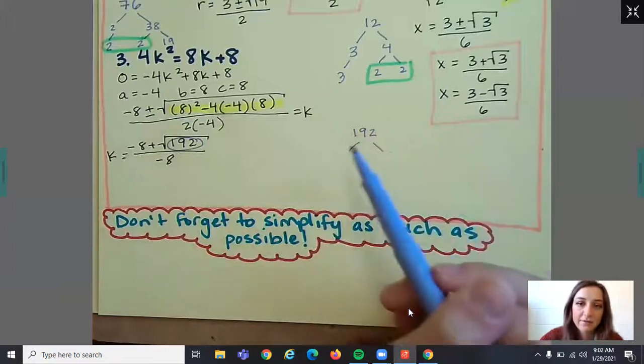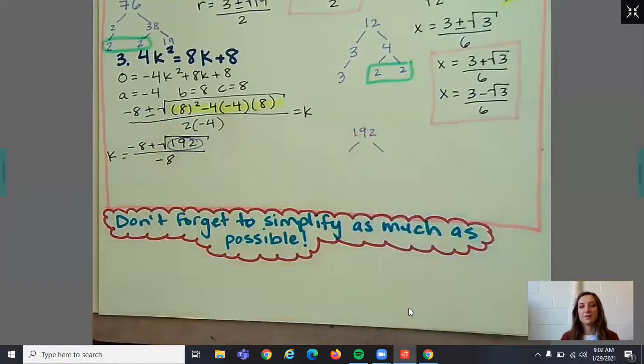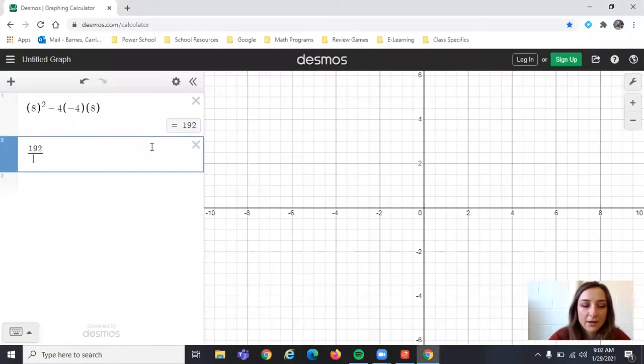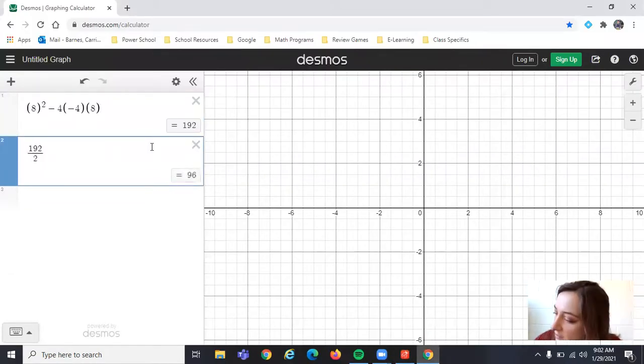And let's see if we can do some factors here. So 192 is obviously divisible by 2 because it has an even number on the end. So let's divide it by 2. We're going to go to Desmos. 192 divided by 2, we're going to get 96. 96 is also divisible by 2, so I'm going to divide that by 2.